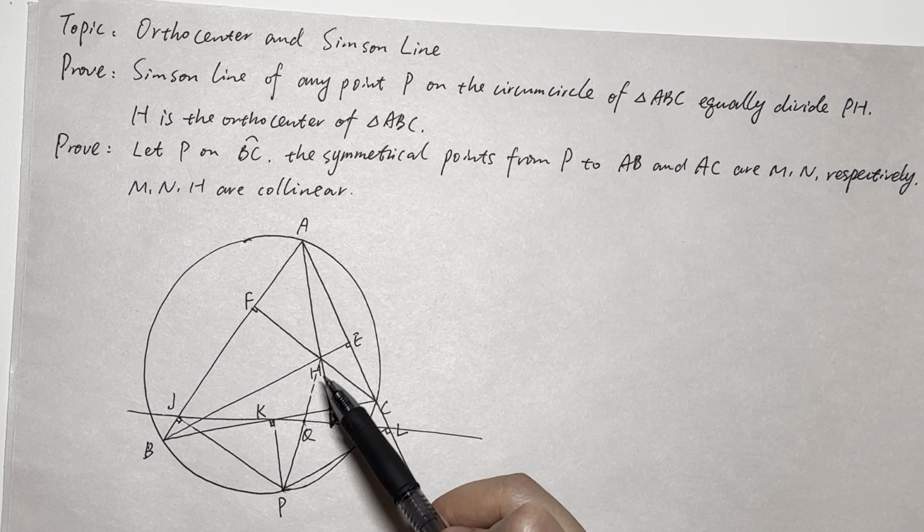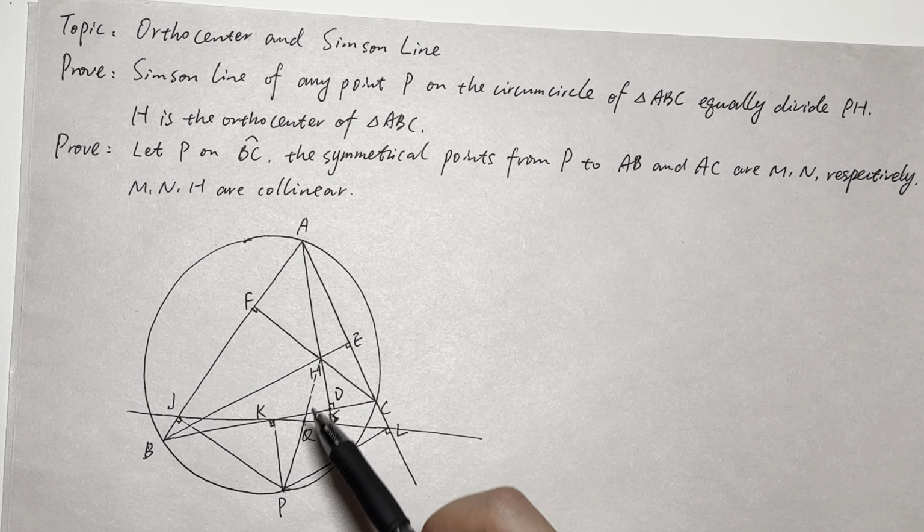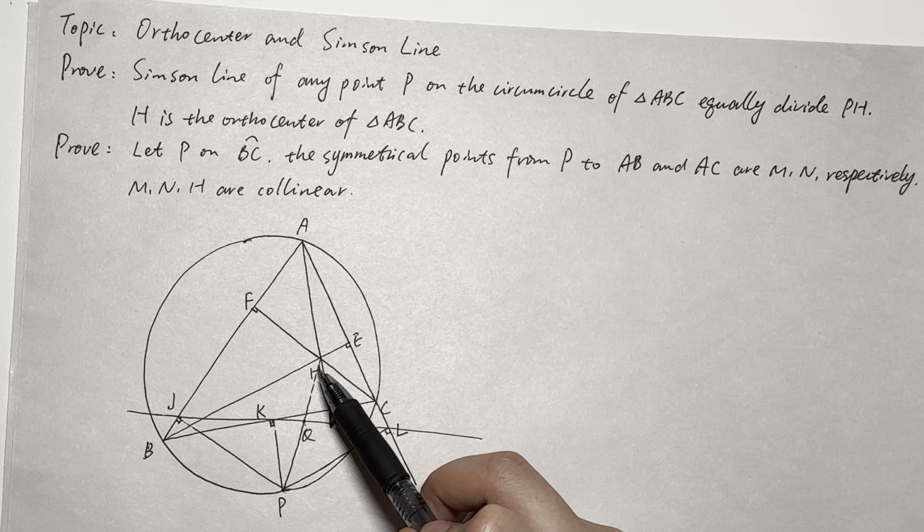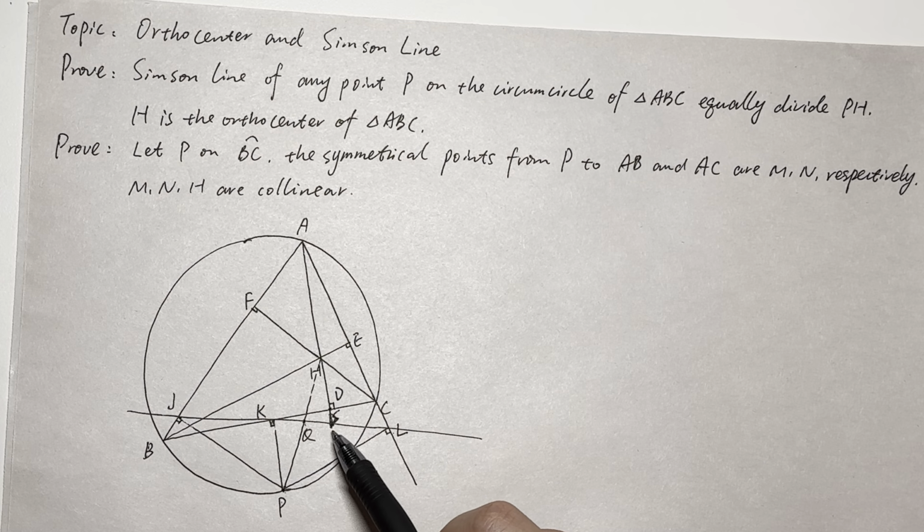So then we know that triangle KQP and triangle HQS are congruent, right? That means KPSH is a parallelogram.